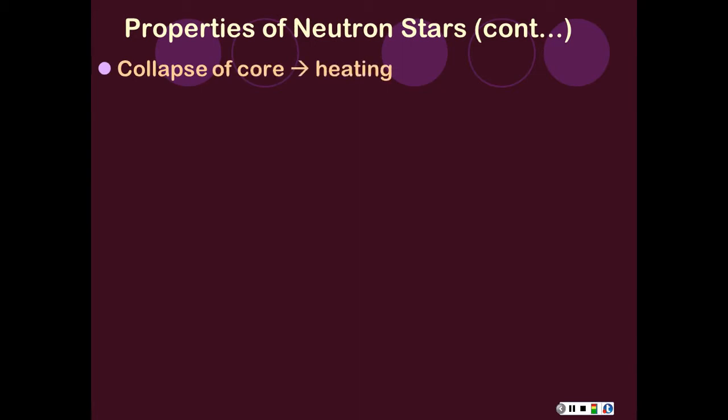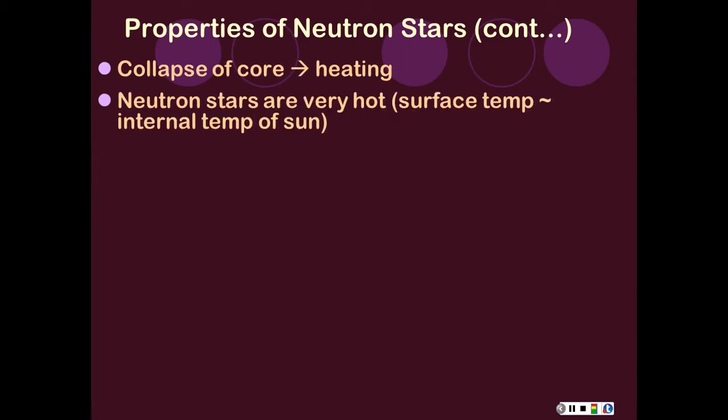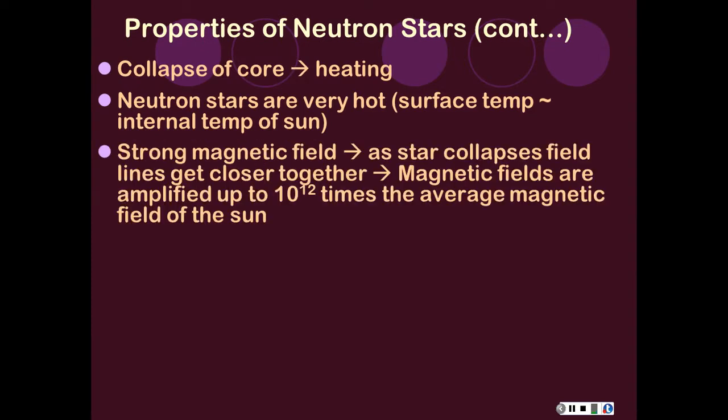Okay, so remember we get core collapse, we get heating, it's so hot that it's no longer electron degenerate, so the neutron star when it forms is very, very hot. Its surface temperature is about that of the internal temperature of the sun. It's millions of Kelvin. It also has a very strong magnetic field. This is a weird thing about neutrons. Neutrons have a magnetic moment even though they do not have an electrical charge.